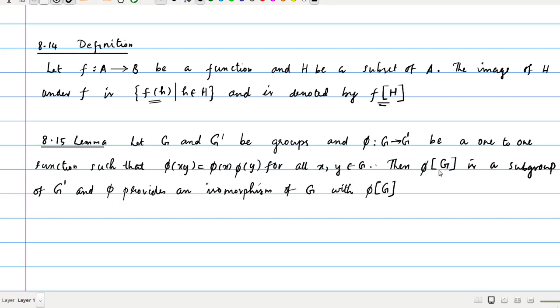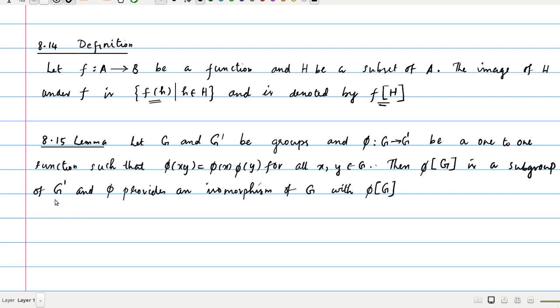Then phi of G, with the square brackets, denotes the image set of G under phi. This is a subgroup of G prime.